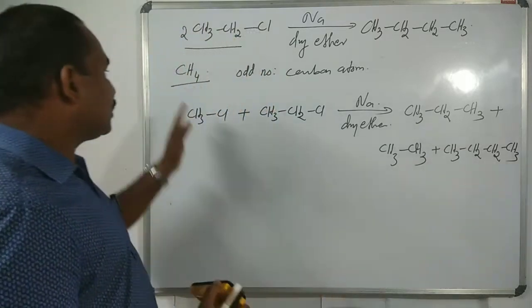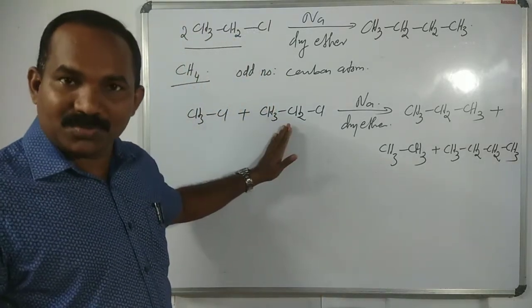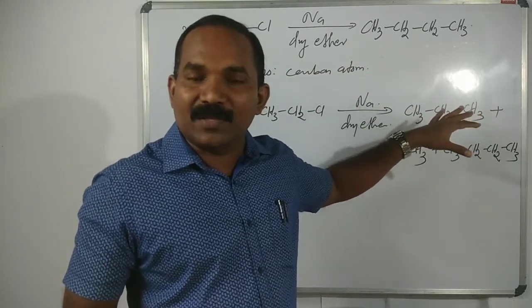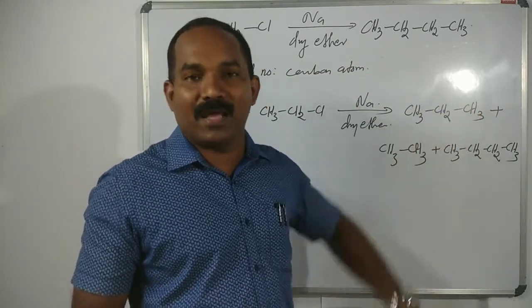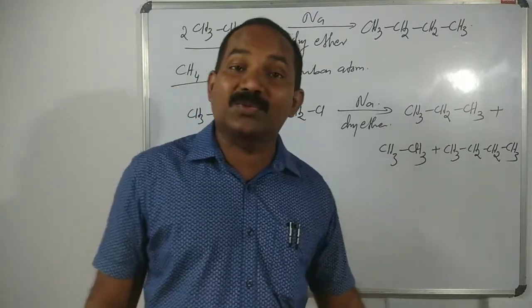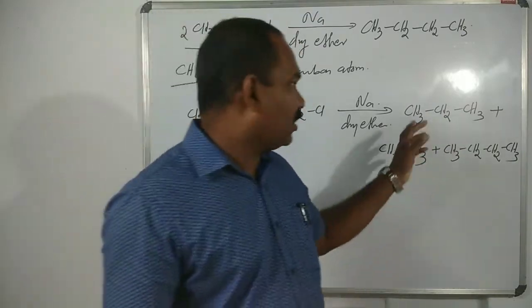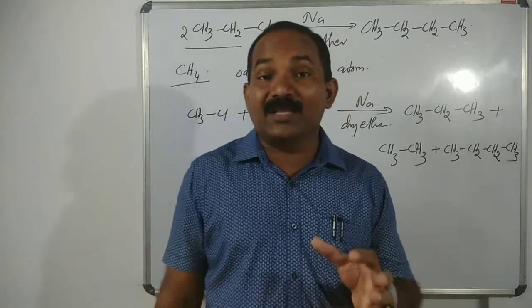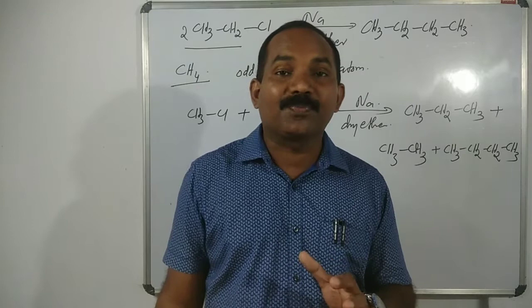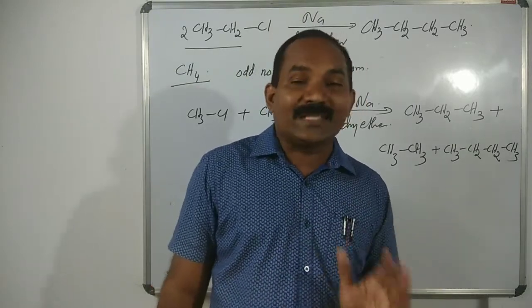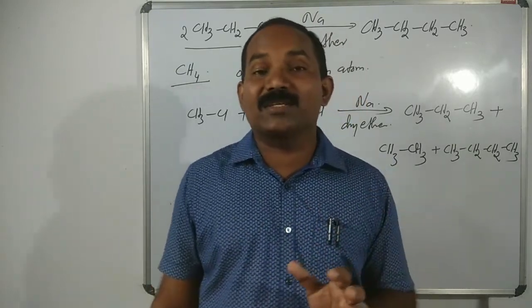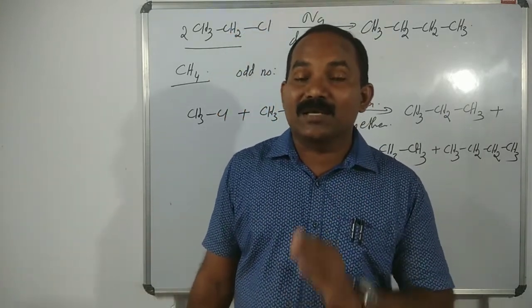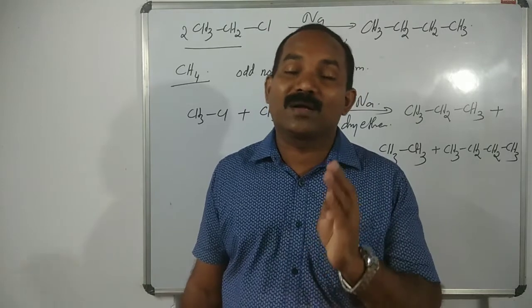When we take different alkyl groups, the final product is a mixture of propane, ethane and butane, and it is difficult to separate. That's why we say that Wood's reaction is used to prepare alkanes with an even number of carbon atoms.